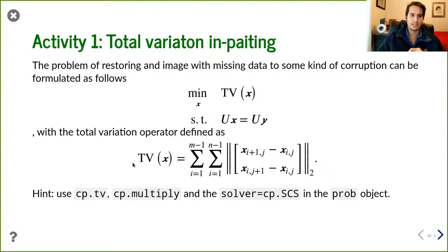And the total variation, you can think of it as the sum of the norms of the derivatives. So if the derivatives are too large, you don't want those solutions.